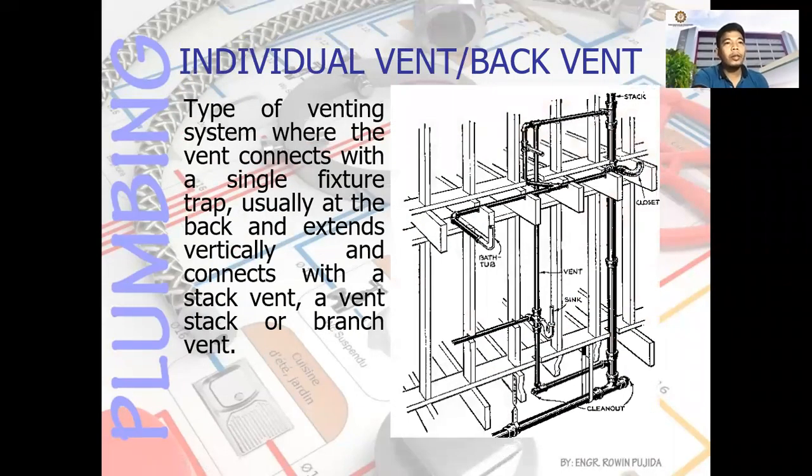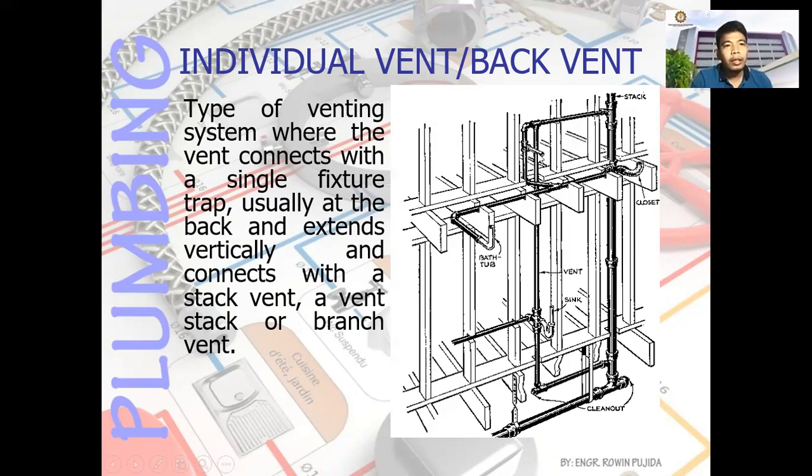Next is the individual vent or back vent, a type of venting system where the vent connects with a single fixture trap, usually at the back, and extends vertically and connects with a stack vent, a vent stack or a branch vent. So for example, I already discussed this in our venting system, but for this drawing, I think you have this fixture here.